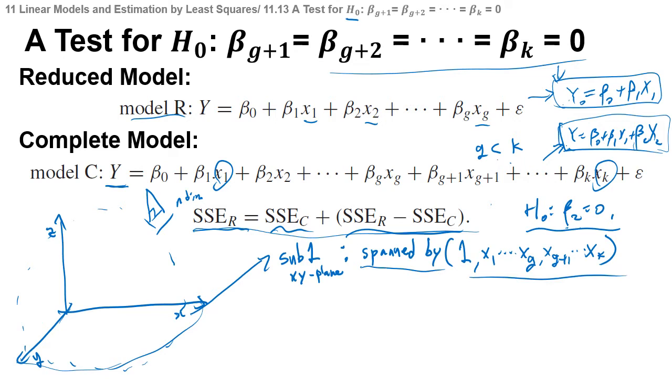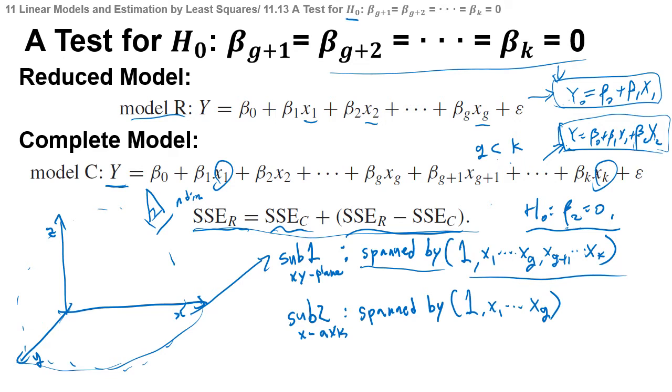Let's say subspace 2 is spanned by the reduced model's 1, x1, ..., xg. So subspace 2 is the x-axis.